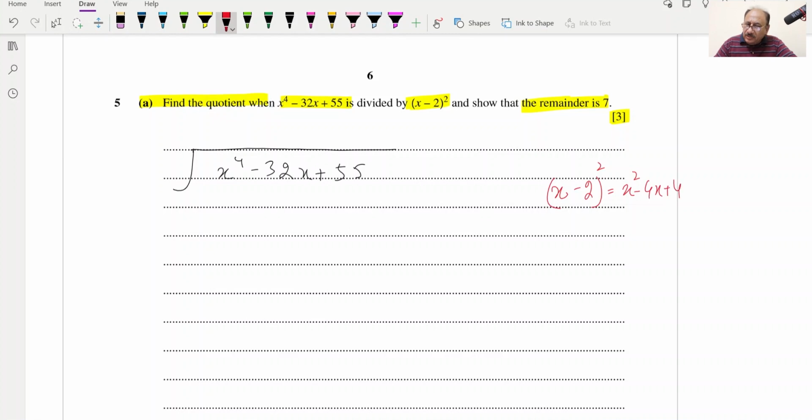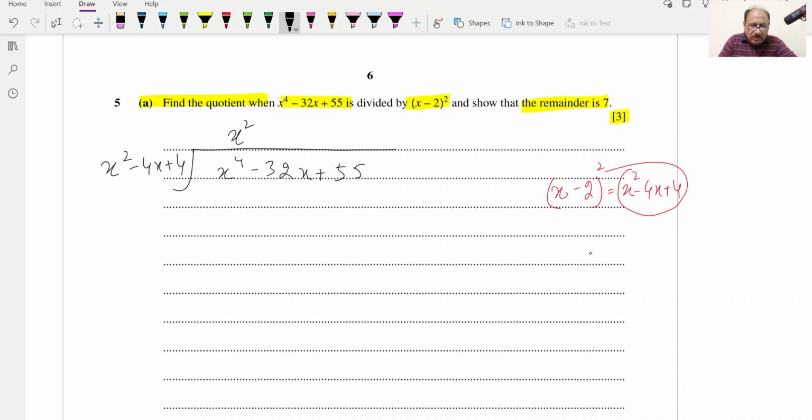This will be the term by which we will be dividing. We can write here x² − 4x + 4, and first we multiply x² by x² to get x⁴.